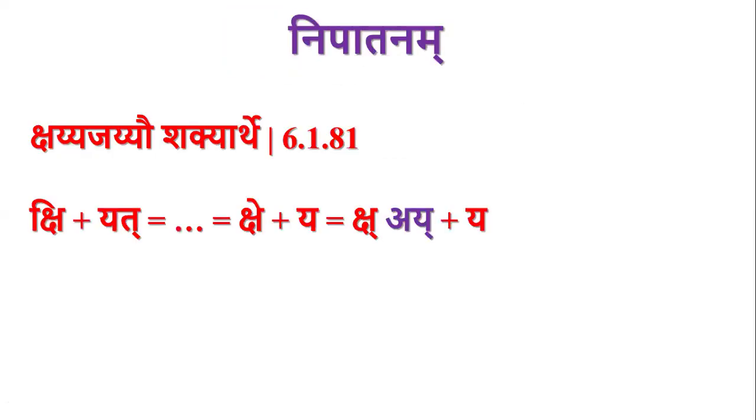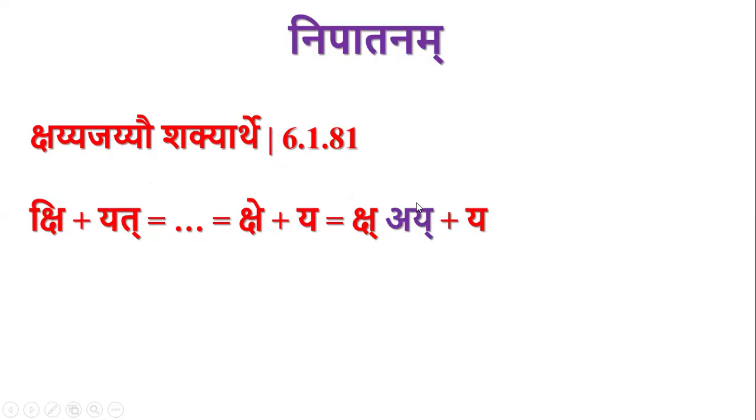If you consider kshi plus yat becoming kshaya, we can see kshi plus yat, then there will be takara lopa, kshi plus ya, then gunadesha, kshe plus ya. Here, kshe plus ya becomes kshaya only if this e becomes ay.